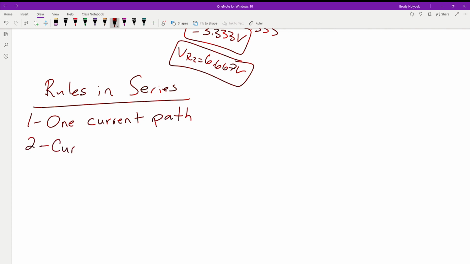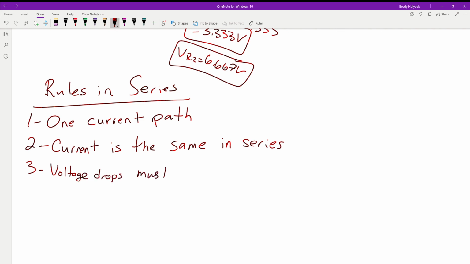Rule 2: the current is the same in series. And the last one is voltage drops must equal source voltage.